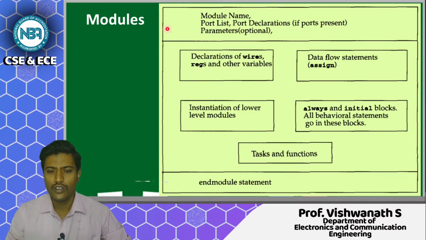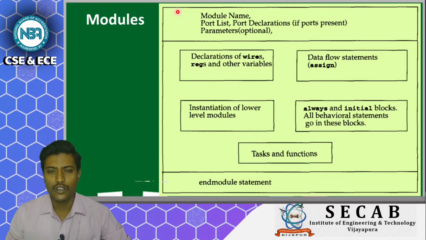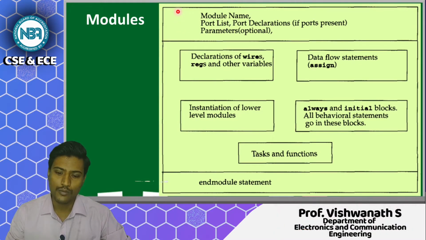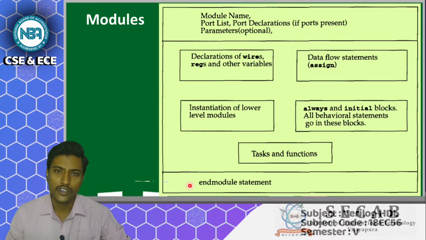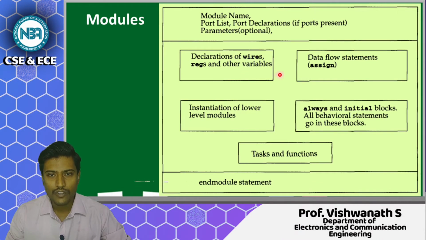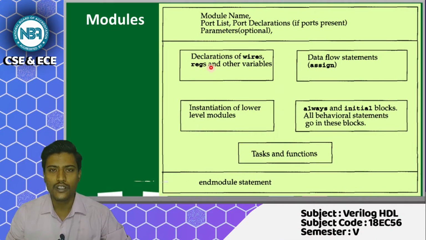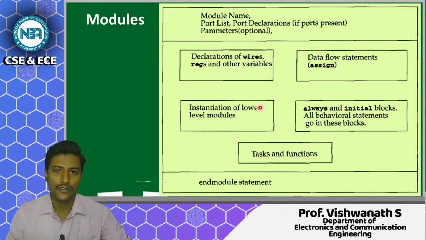Now, once we declare a module, the module has to be ended. For that we will have an endmodule statement at the end of the program. The part in between represents the logic being used, which we write in terms of different types of statements.